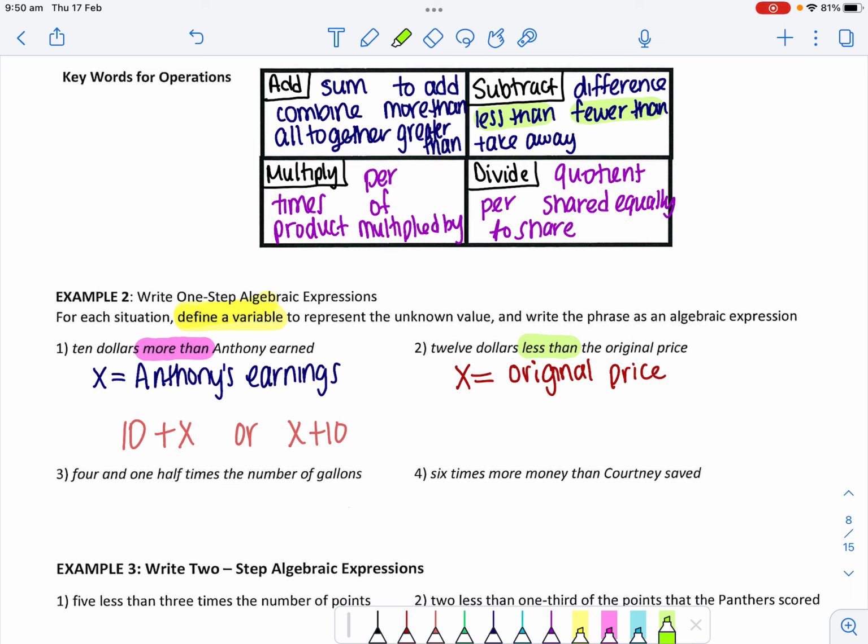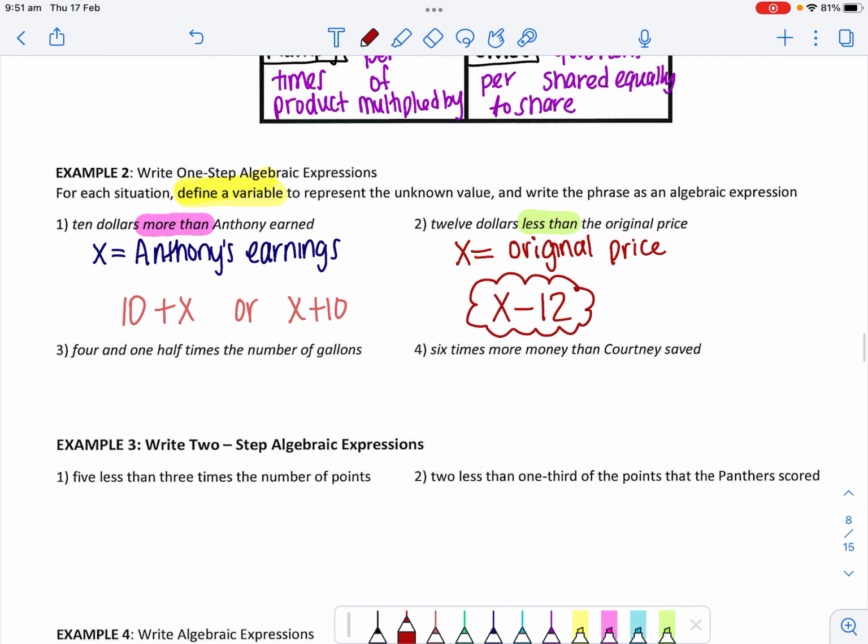So it says $12 less than the original price. For subtraction, order does matter. So if I am $12 less than the original price, I need to take the original price and take away $12. This is one where I can only write the expression as they have told me. So this means take the original price and take away $12.